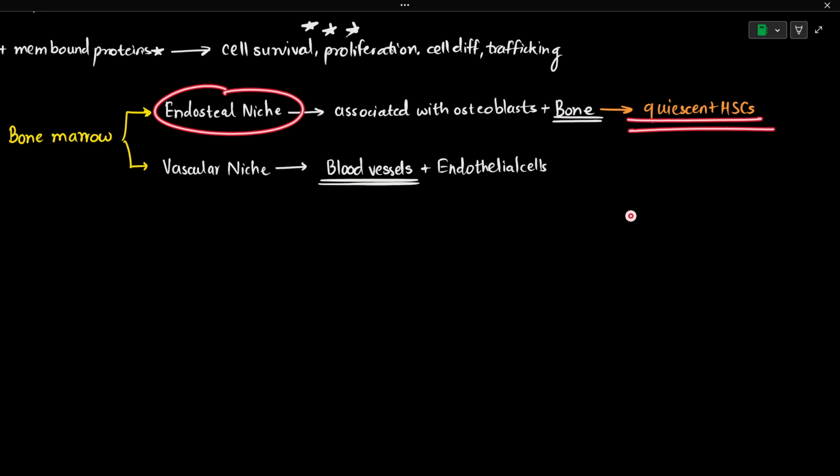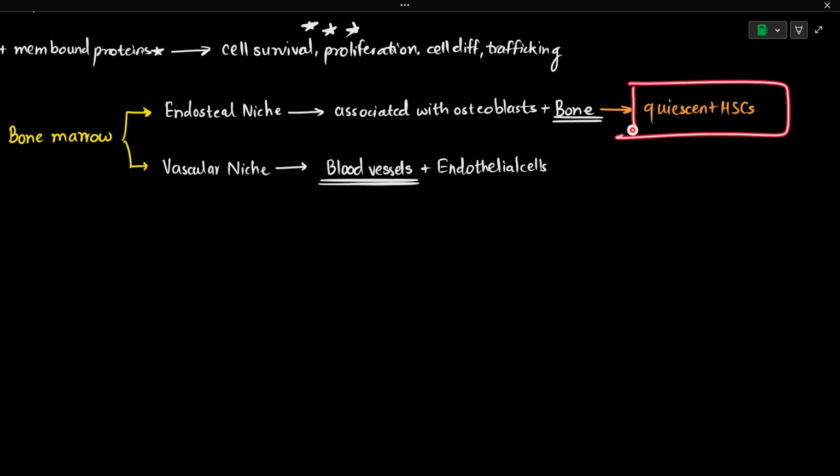Quiescent hematopoietic stem cells means undifferentiated hematopoietic stem cells, which are not undergoing any proliferation right now, and they have their stem cell like property. Those hematopoietic stem cells will be in the area where the osteoblasts reside. So we can call them quiescent hematopoietic stem cells.